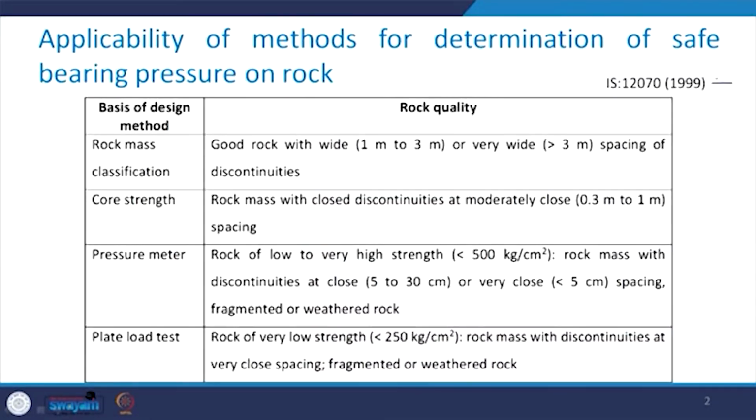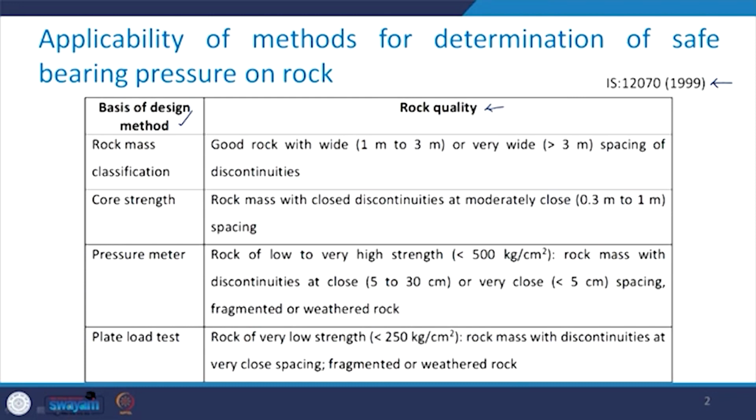This table has been taken from the relevant code, that is IS 12070. The first column talks about the basis of the design method and the next one talks about the rock quality.